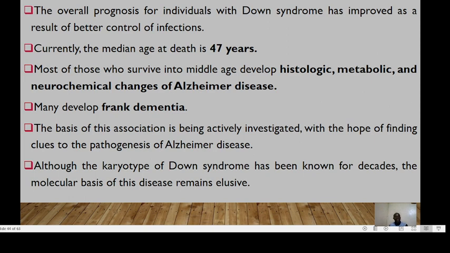Most of those who survive into middle age will develop histological, metabolic, and neurochemical changes of Alzheimer's disease. Many develop frank dementia, and the basis of this association is still being investigated. We hope the findings give clues to this pathogenesis. Although the karyotype of Down syndrome has been known for decades, the molecular basis of this disease remains elusive.